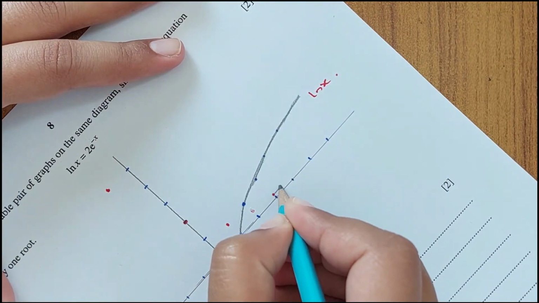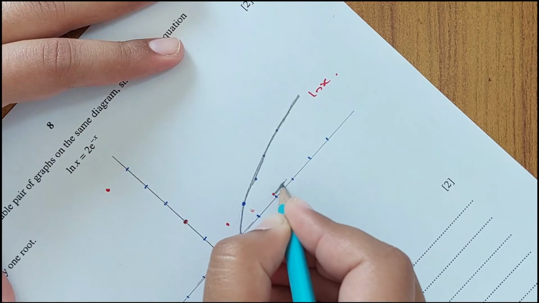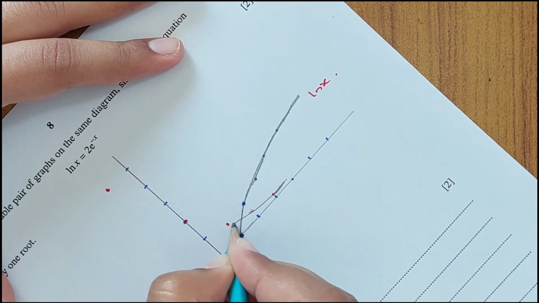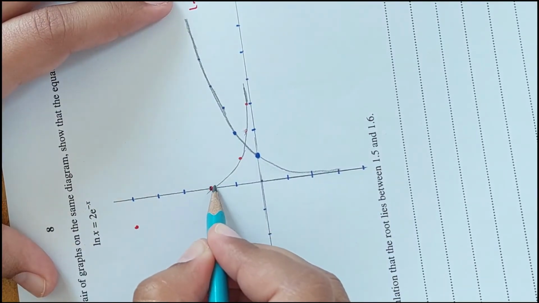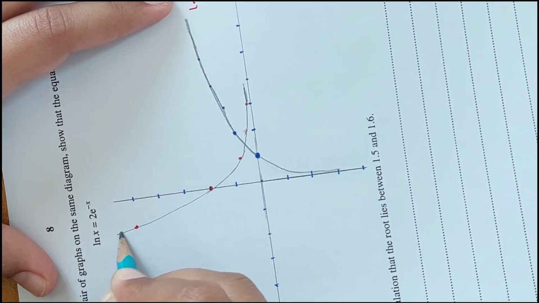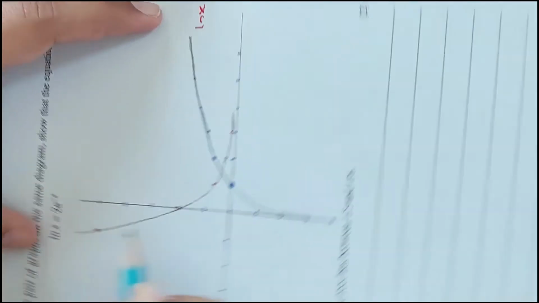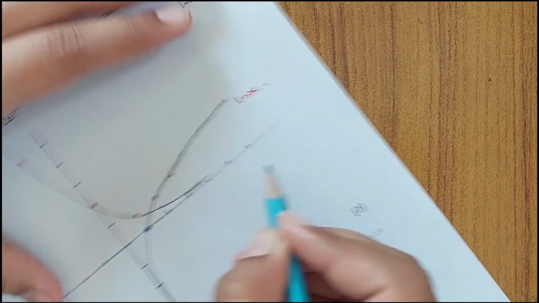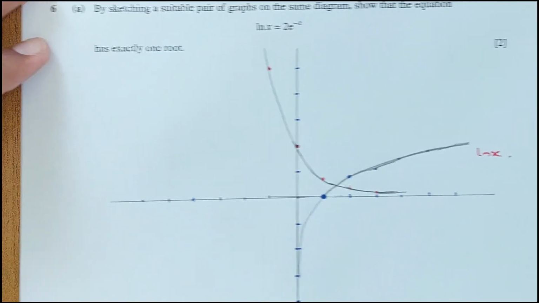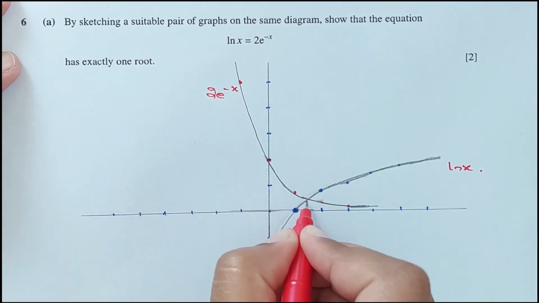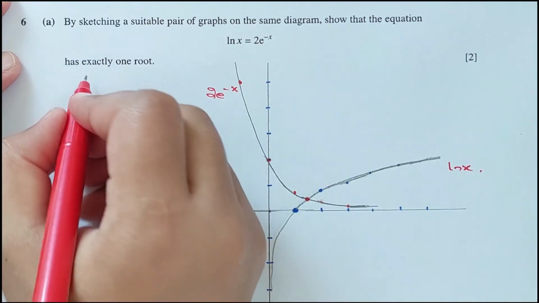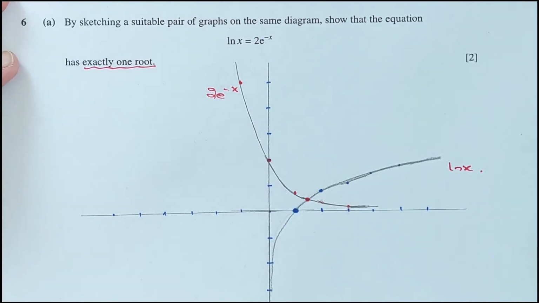All right, connecting the points. Okay, so this would be the graph of 2e power minus x, and it has exactly one root. You can see it intersect at one point.